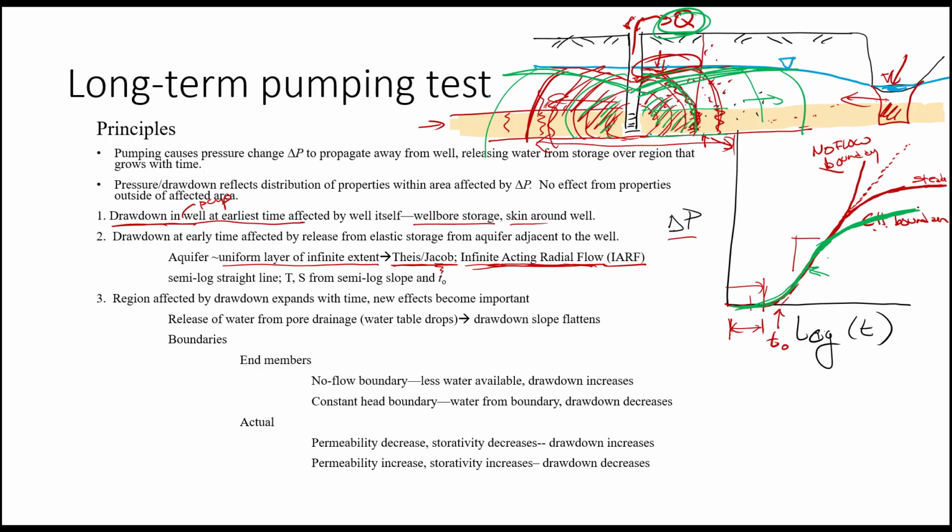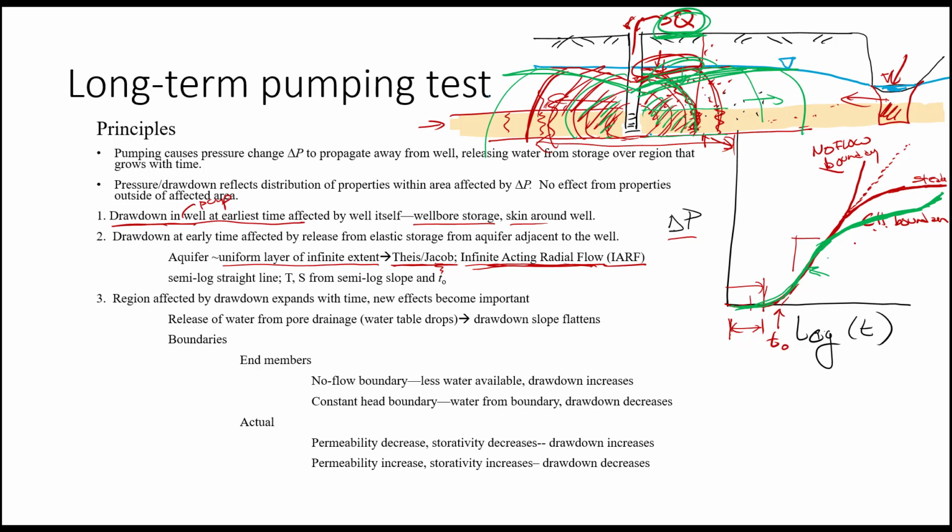And then eventually this water table will drop, and we'll get the water released from storage here, and it's going to curve up, and we're going to have additional drawdown to release sufficient water from storage to satisfy this pumping rate criteria.